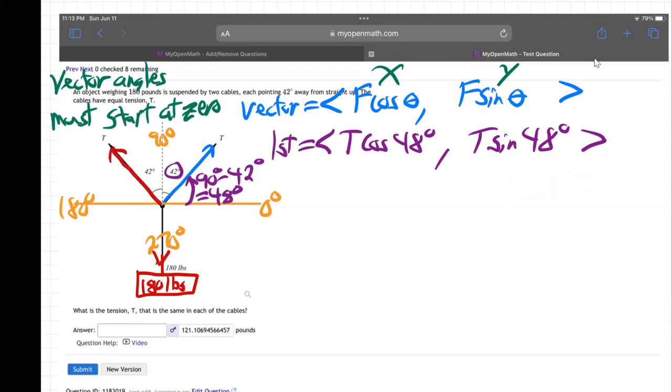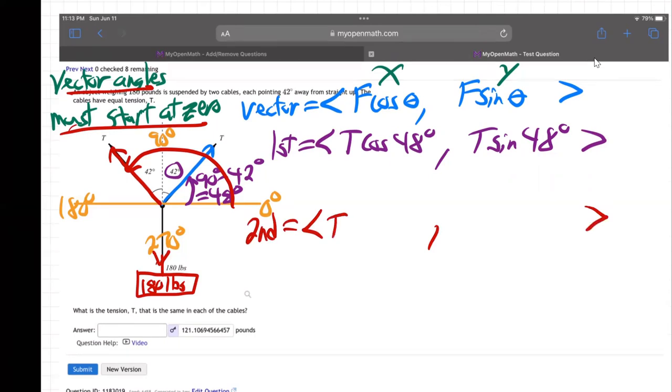And so should we say, well, he's 42 degrees? Nope, that's the mistake people make. The angle has to be from 0. Vector angles must start at 0. So from 0 all the way to the second vector. The second vector is going to have an x and a y. And this is going to be what? T again, because it's T, just like the other one was.